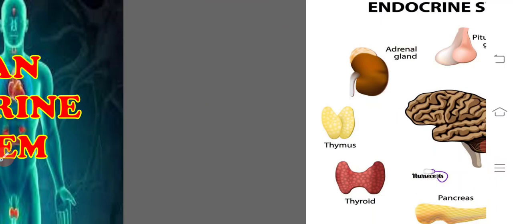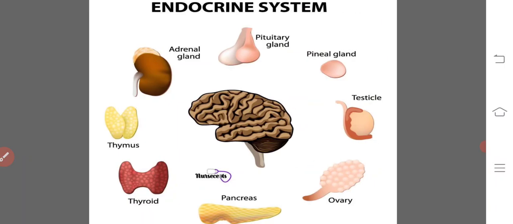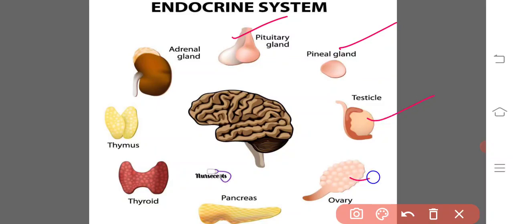Generally, the main endocrine glands which we see in human beings are, let us see one by one, the pituitary gland, pineal gland, apart from the gonads, both the testicles and the ovaries, pancreas, thyroid, thymus gland, and the adrenal gland. So these all are the endocrine glands which are present in human beings.